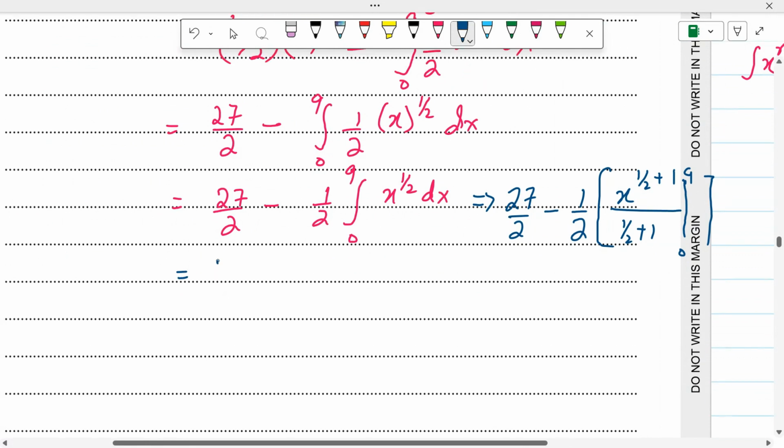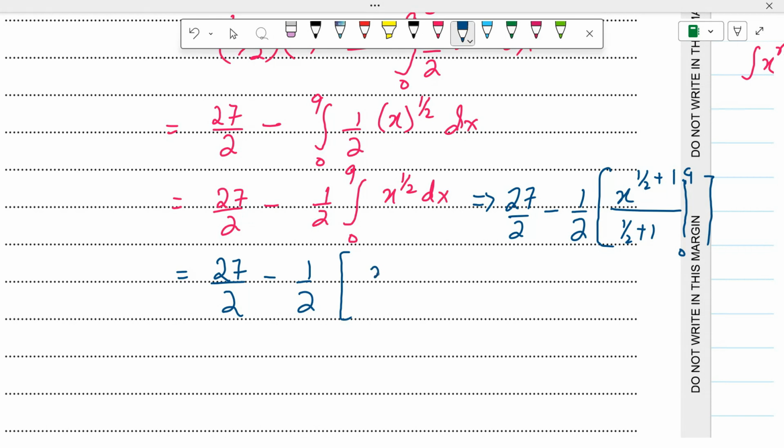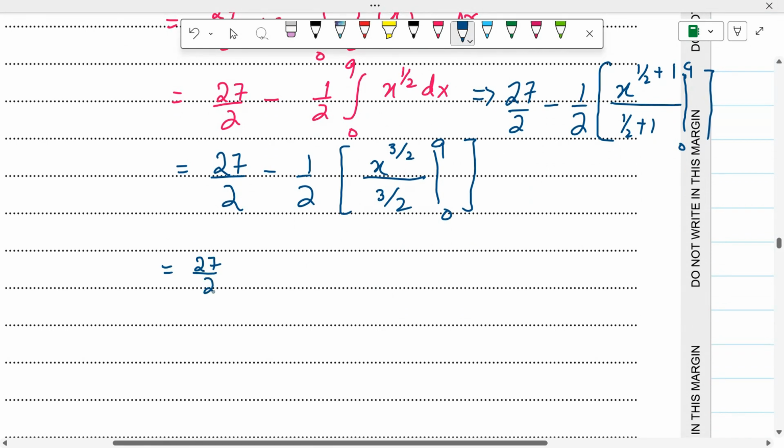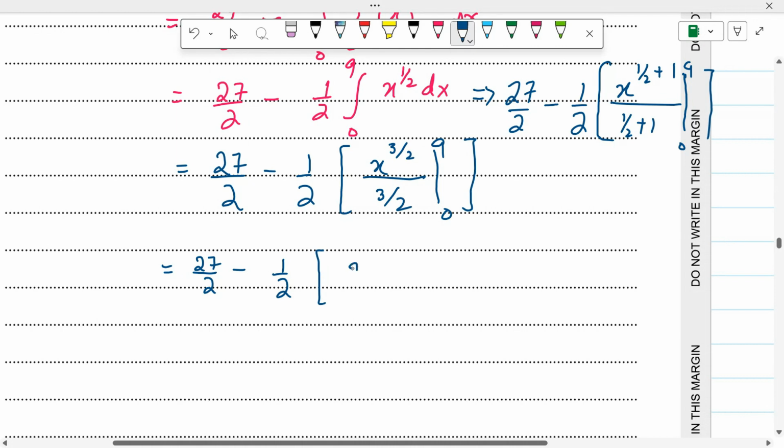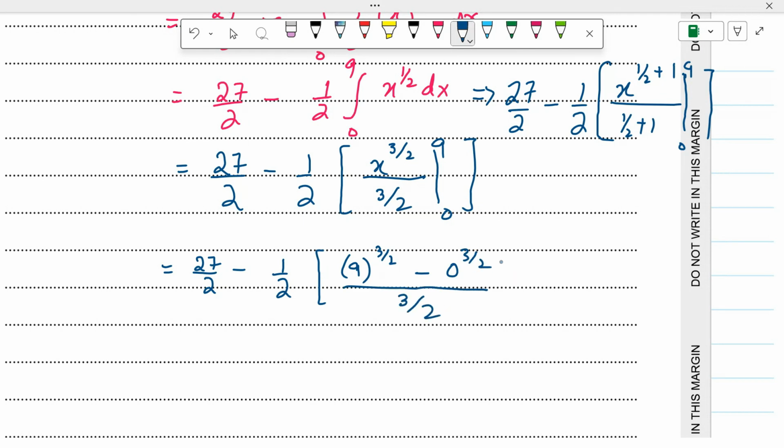Now further solving, we have 27 over 2 minus 1 over 2, x to the power of half plus 1 is x to the power of 3 over 2, over 1 over 2 plus 1 is 3 over 2, and we have the limit from 0 to 9, bracket close. 27 over 2 minus 1 over 2, apply the upper limit which is 9 to the power of 3 over 2, minus apply the lower limit which is 0 to the power of 3 over 2, over 3 by 2.